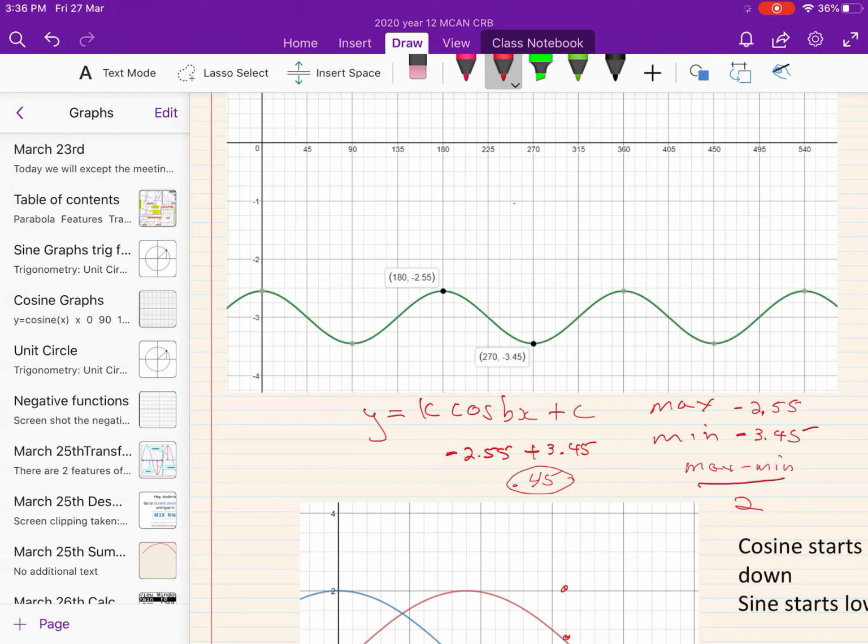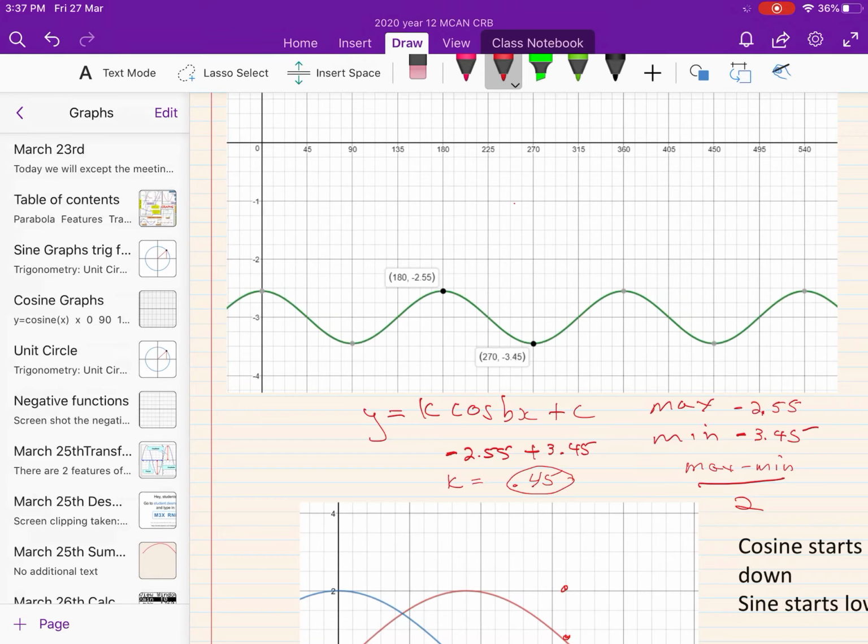If I go max plus min divided by 2, which is negative 2.55 minus 3.45 divided by 2, negative 3. So this looks like this is k.